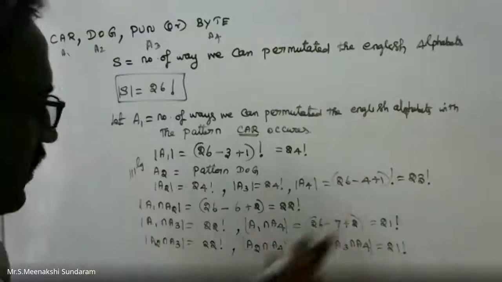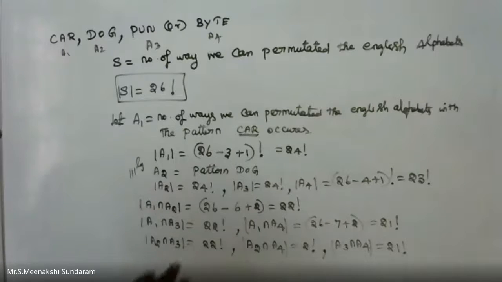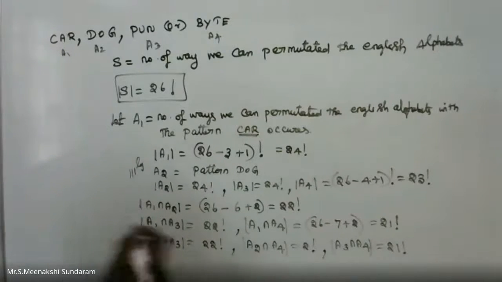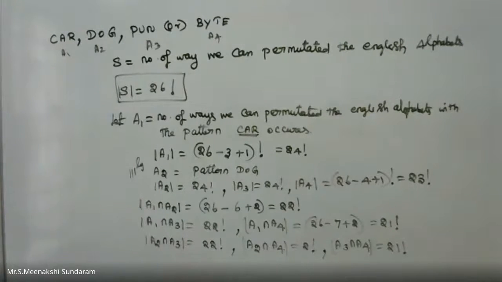So first individually 4 terms, then the next terms, the 3-way combinations. How do you take the 3-way combination? The modulus of A1 intersection A2 intersection A3: total letters 26 minus 9, plus 3 characters factorial.